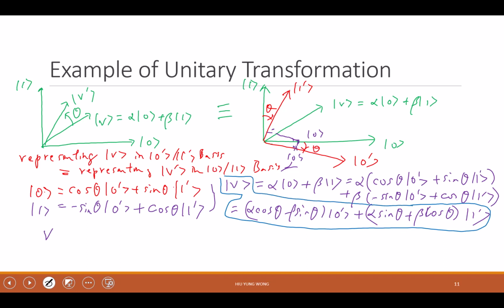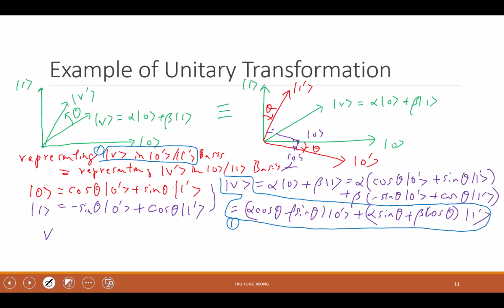I call this statement 1. I'm representing this V in the new coordinate. It's the same as representing this V dash in the old coordinate.